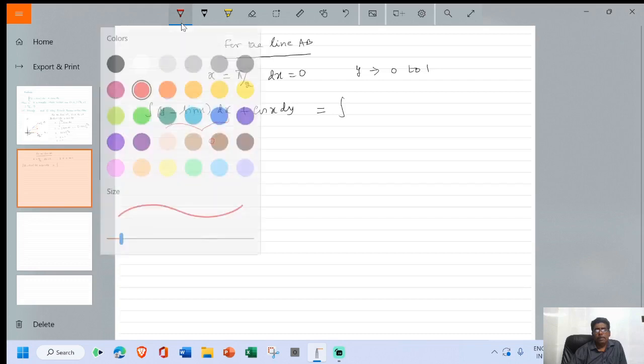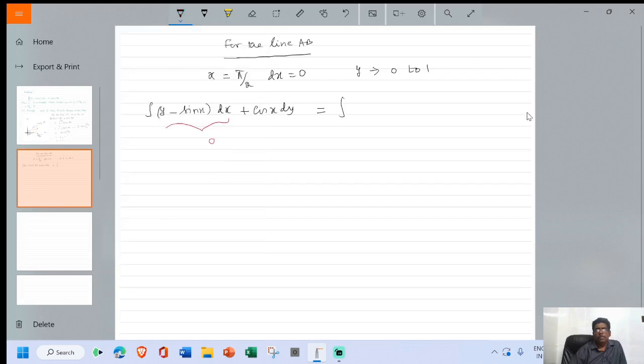Then the rest of the term is cos π/2 dy, instead of x you put π/2. Here cos π/2 is 0. Cos 90 is 0. So the entire integral vanishes. So for the line AB, the integral value is 0.